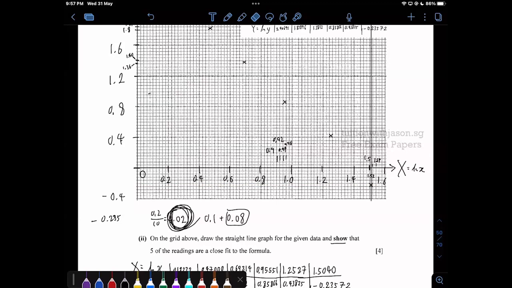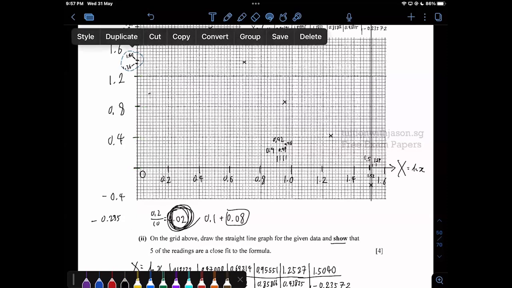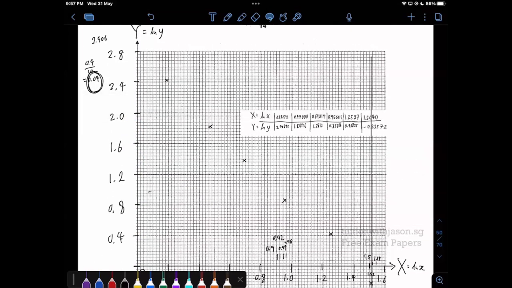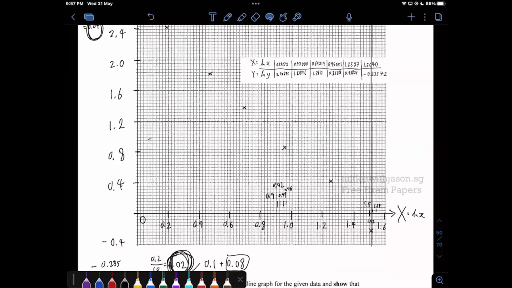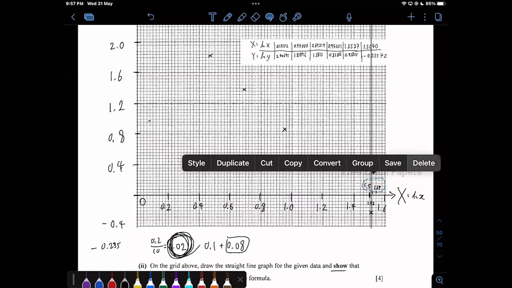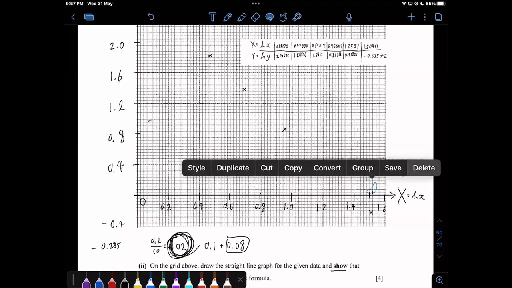But the original tick marks must remain, like the 0, 0.4, 0.8, 1.2. All the others must go away. Erase a bit more. And okay, done. We have our points.